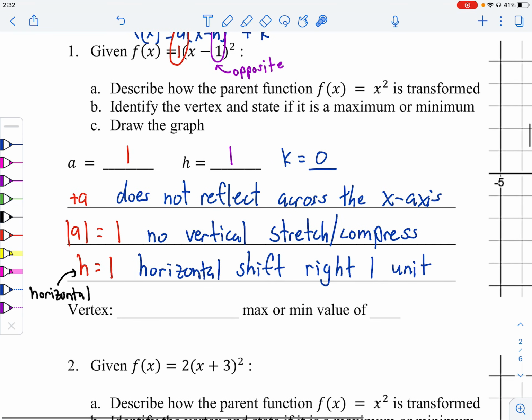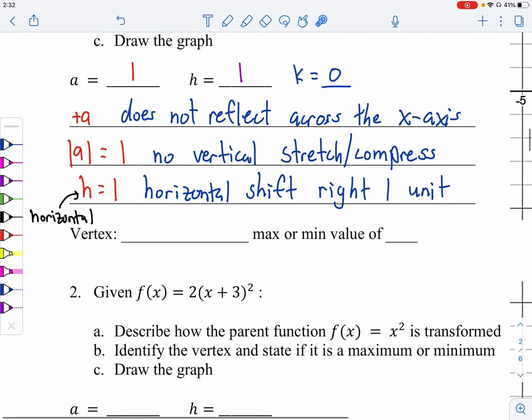Your vertex is always given by (h, k). For ours, h is 1 and k is 0, so (1, 0) is our vertex.